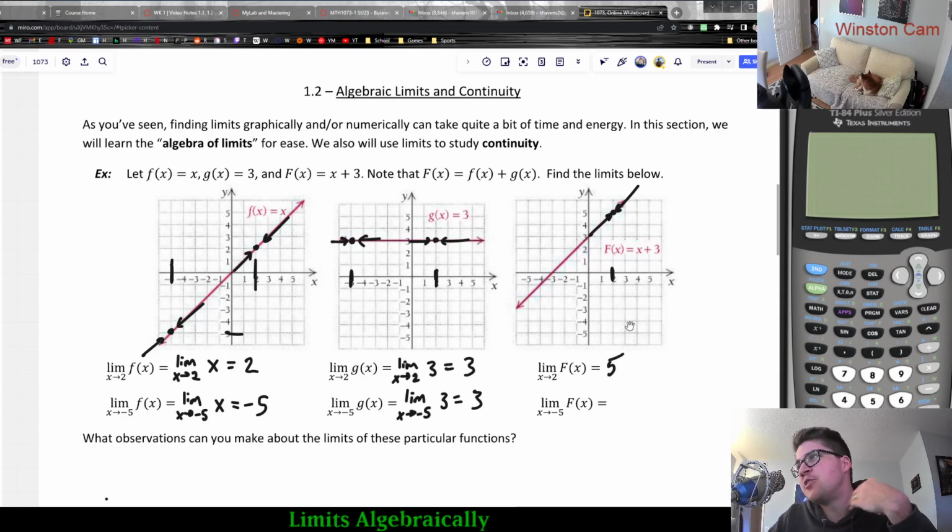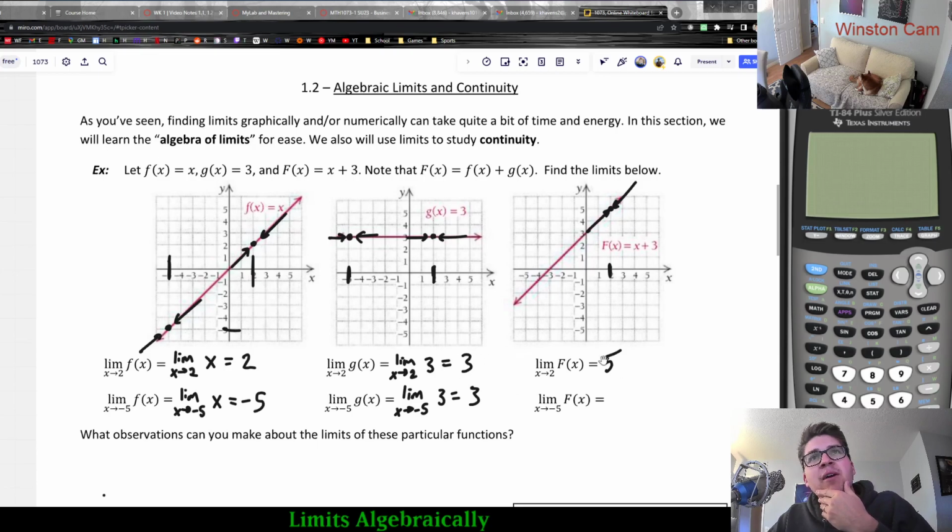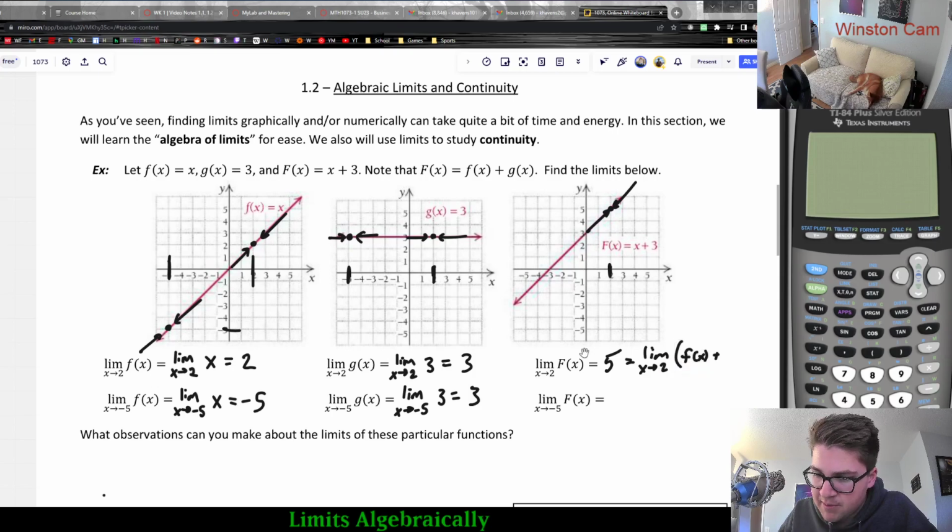And one thing I wanted you to notice is that what we actually end up with is the limit of F of x. Sorry, I should have specified that I'm using capital F of x here. Capital F of x was equal to lowercase f of x plus lowercase g of x. And each of those limits we'd already figured out. The limit of x is 2, the limit of 3 is 3, because x cares about where we're headed to, 3 does not.